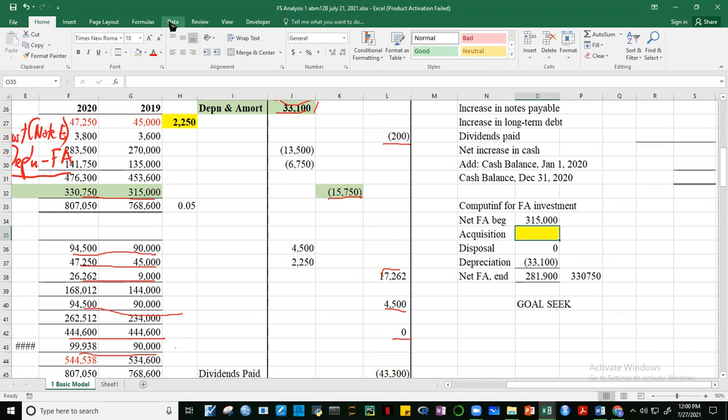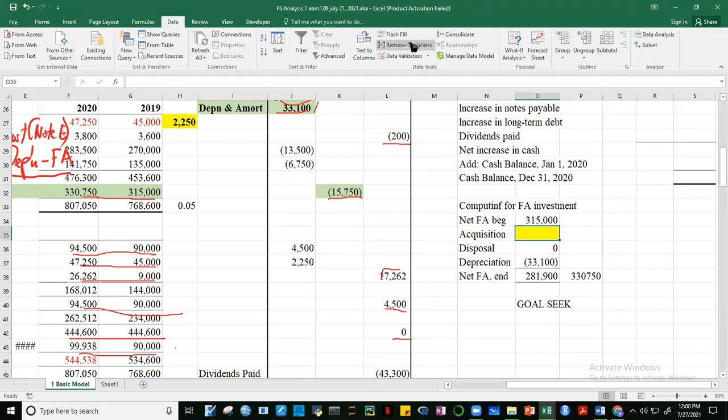Please click your Data tab dito. Under data, guys, you'll see here sa bandang right side, meron tayong forecast, and then what if analysis. If you click this, you'll have three functions here: scenario manager, goal seek, ito yung kailangan natin, at saka yung data table, which we're going to use in the future.